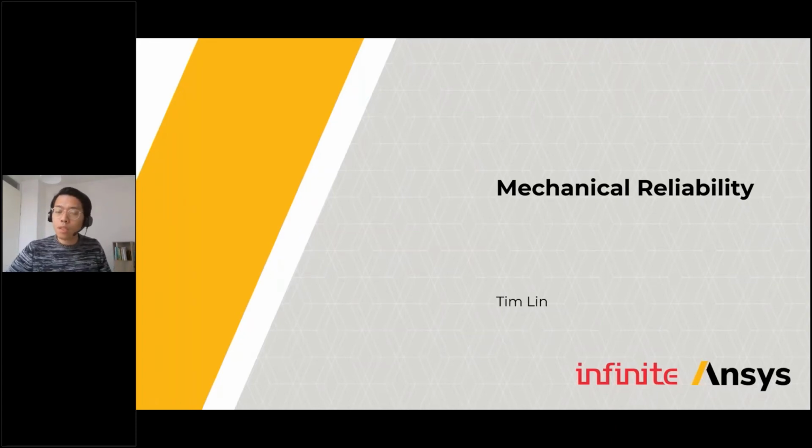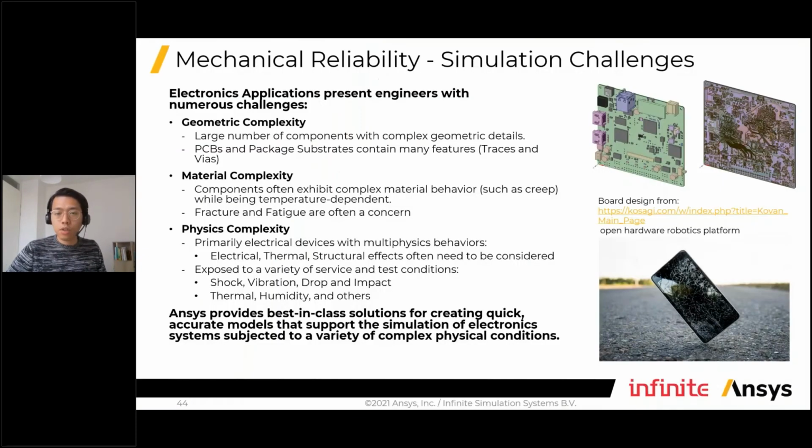Now, with that being said, we can further look into mechanical reliability. It's actually a very interesting topic because there is so much mechanical failure that happens in such small spaces in PCB boards and chip packages that will eventually be very crucial to your product reliability.